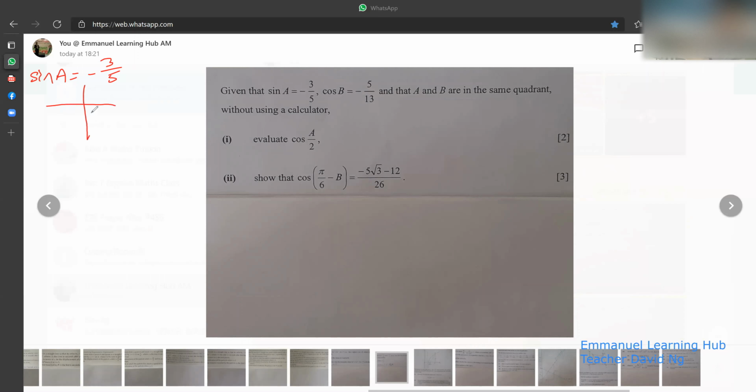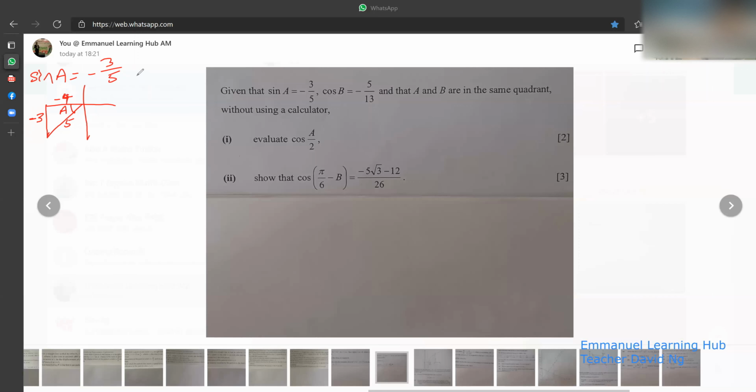Because in the third quadrant, sine and cosine are negative. So this is your A, and this part is negative 3/5.